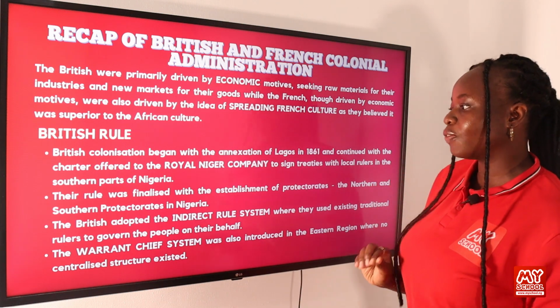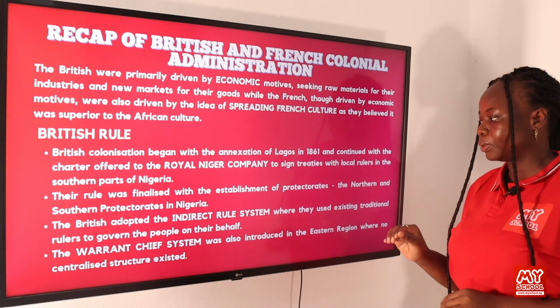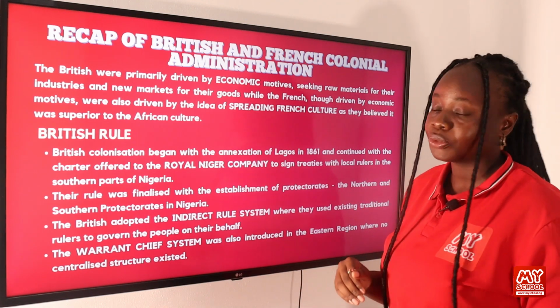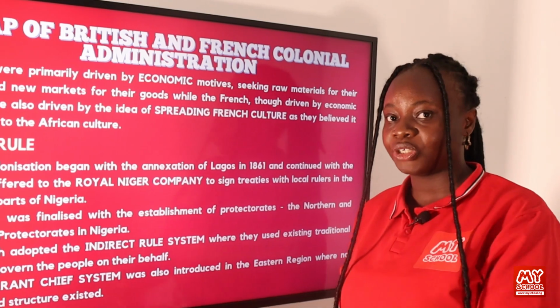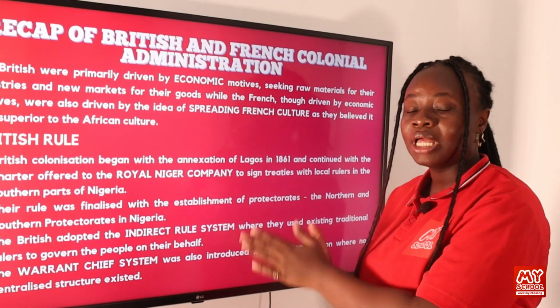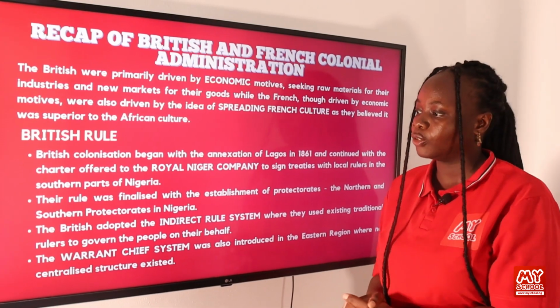So their rule was finalized with the establishment of protectorates, the northern and southern protectorates in Nigeria. In the late 19th century, they divided Nigeria into the northern protectorate and the southern protectorate. Together, they make up Nigeria, but this was not what happened until later on in the early 20th century.